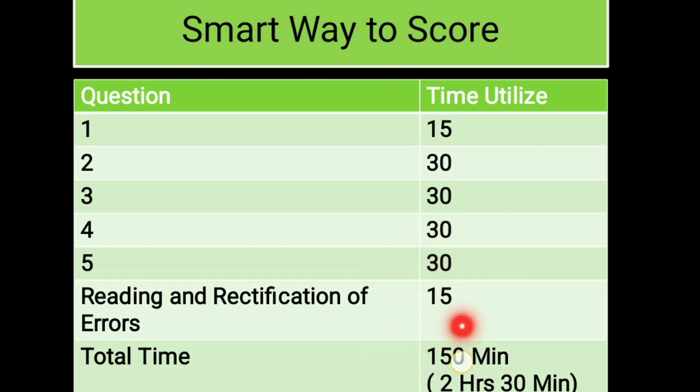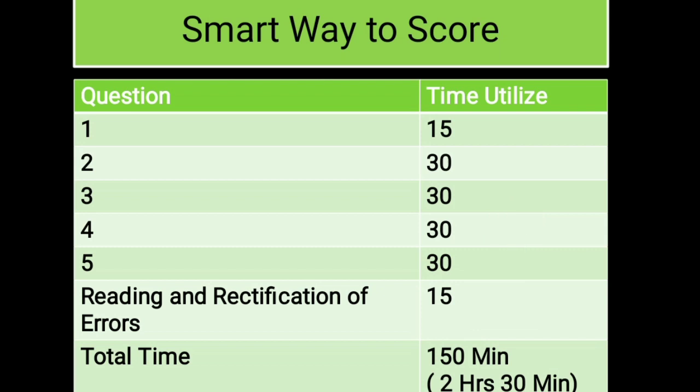Now the remaining 15 minutes we are going to spend on reading the entire paper and rectification of errors, because over here if we go for the practical and make silly mistakes while writing the answers, just because of those mistakes we can lose marks. So we have kept 15 minutes over here for the rectification of errors.